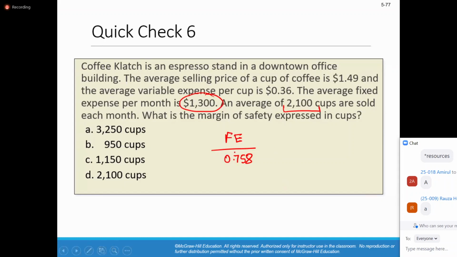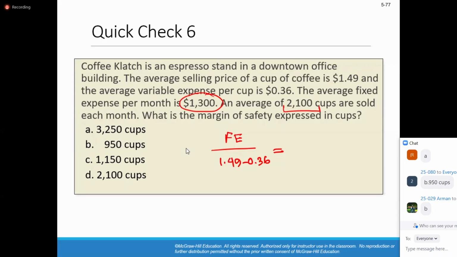And this is going to be our break-even sales. And as it has been expressed in terms of cups, we need to find out the sales in terms of quantity. You can think of it as 1.49 minus 0.36, the contribution margin, and you get the break-even number of cups. The answer is B.